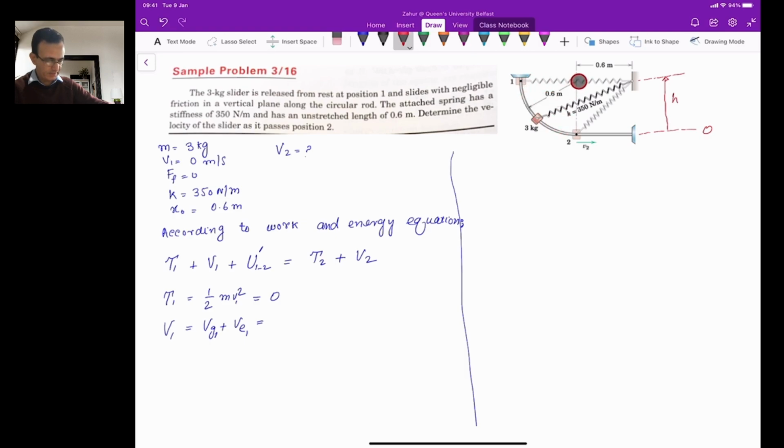So this means that from here to here is also 0.6. So this means that h here is 0.6 meter. So we know that the gravitational potential energy is mgh, and the elastic potential energy, which is due to the spring here, is half kx square.